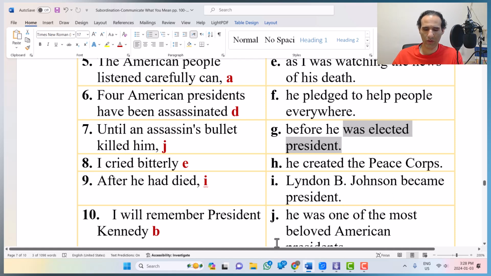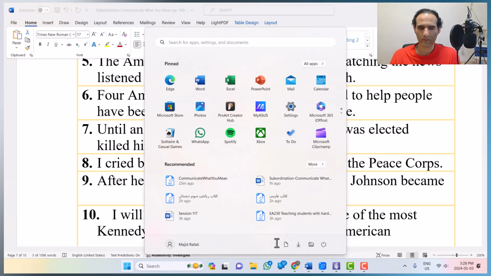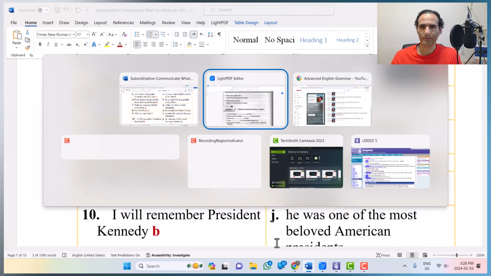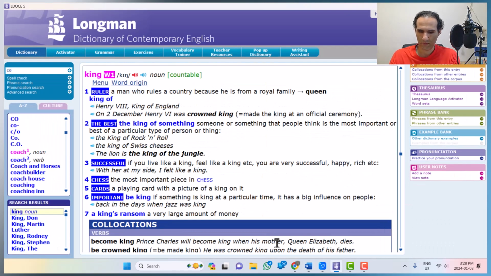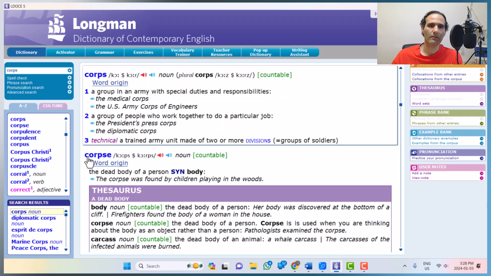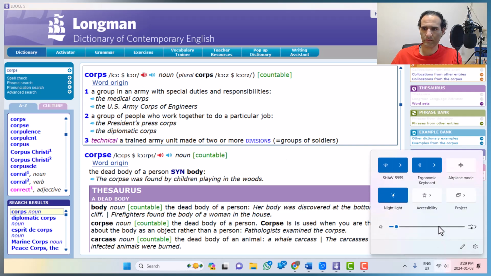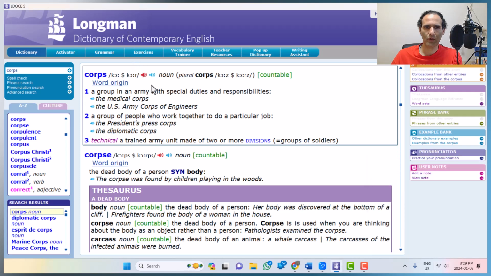It is corps. See? If we go to our Longman, this one is pronounced core. Core. Yeah? And again, the plural is the same.